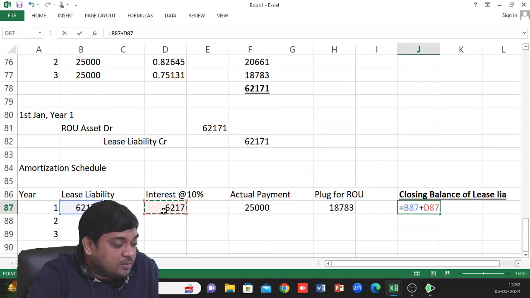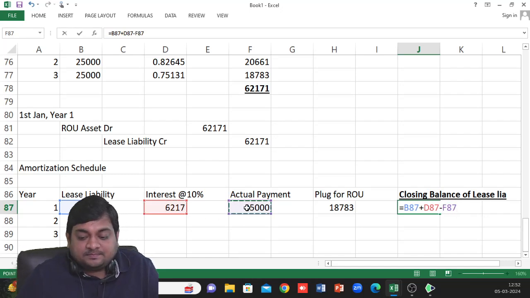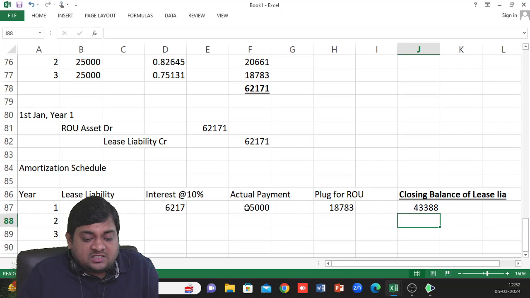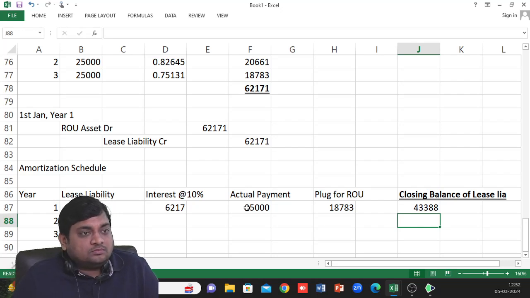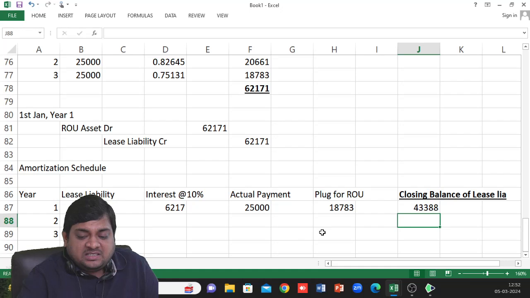Yes or no? Minus this. It is a normal loan. During the year interest is added and the amount paid is subtracted.